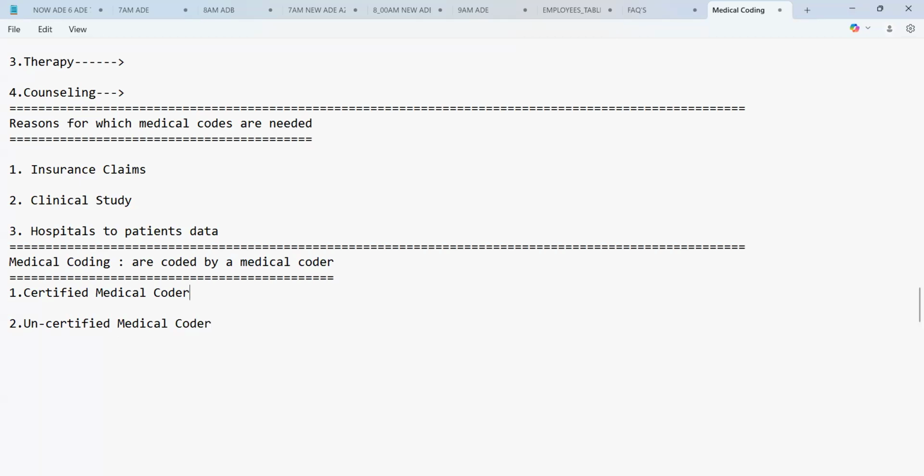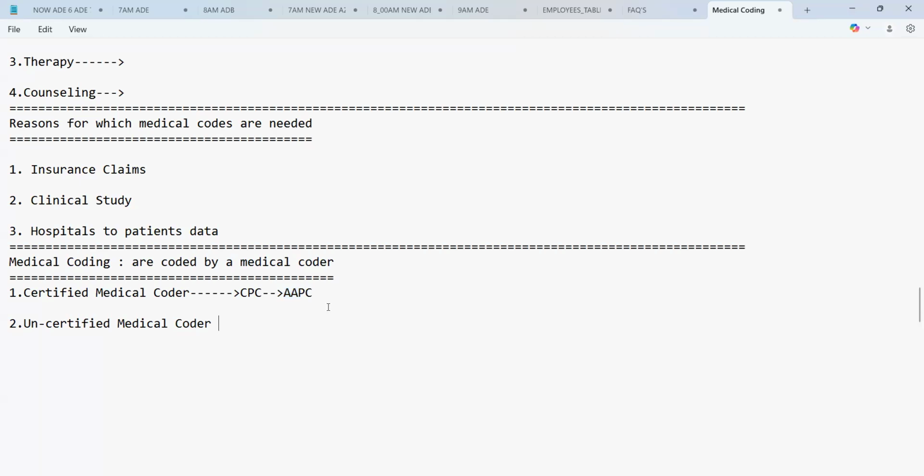And who is a certified medical coder, guys? A person who writes the CPC examination, which is conducted by AAPC. What is this AAPC? AAPC stands for American Academy of Professional Coders, which provides you a medical coding certificate where you need to write an examination.